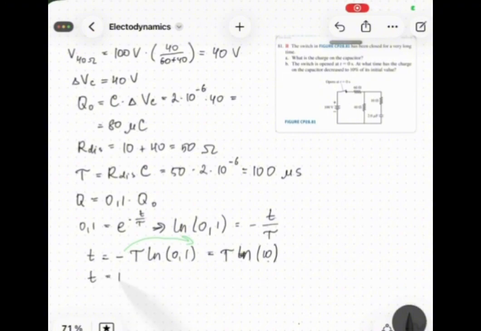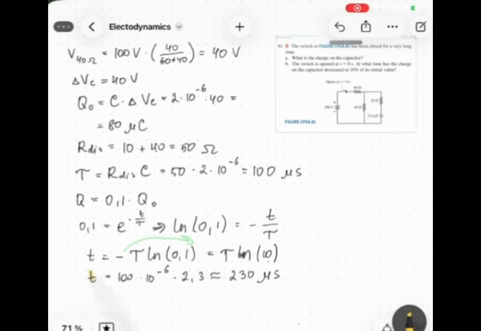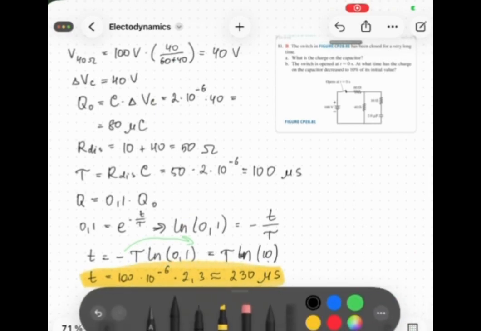So t is approximately 100 microseconds multiplied by 2.3, approximately 230 microseconds. That's it. Let me highlight it here in yellow.